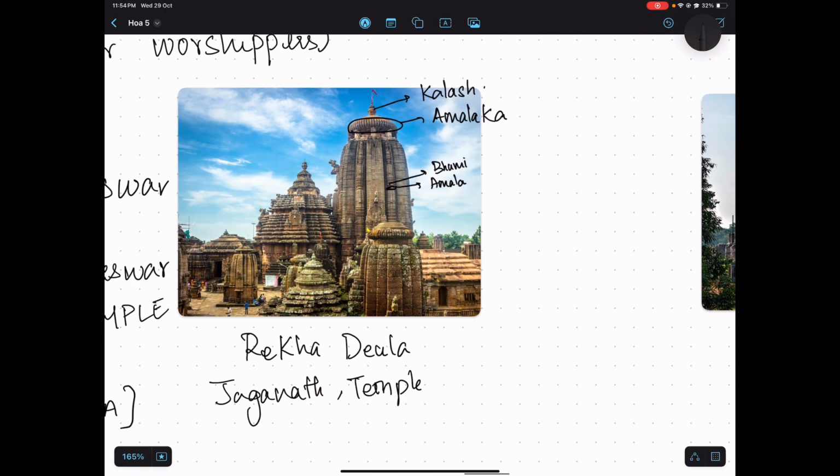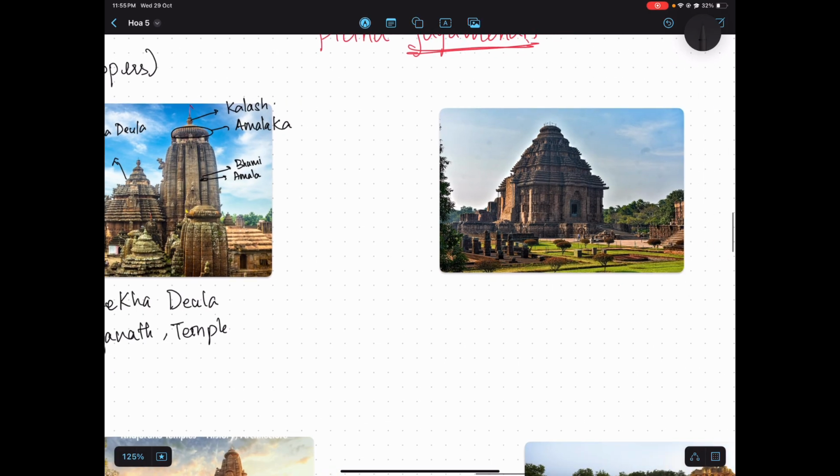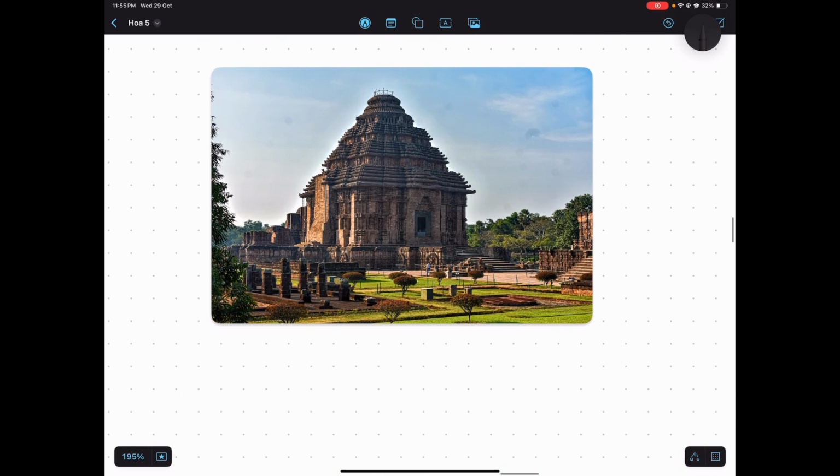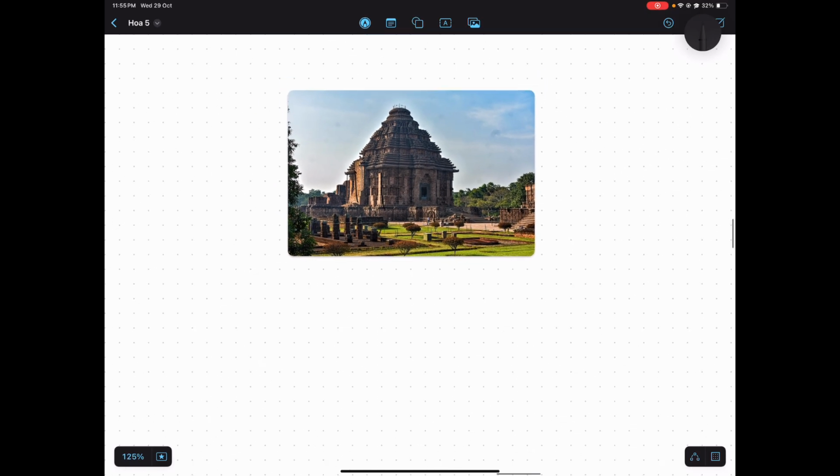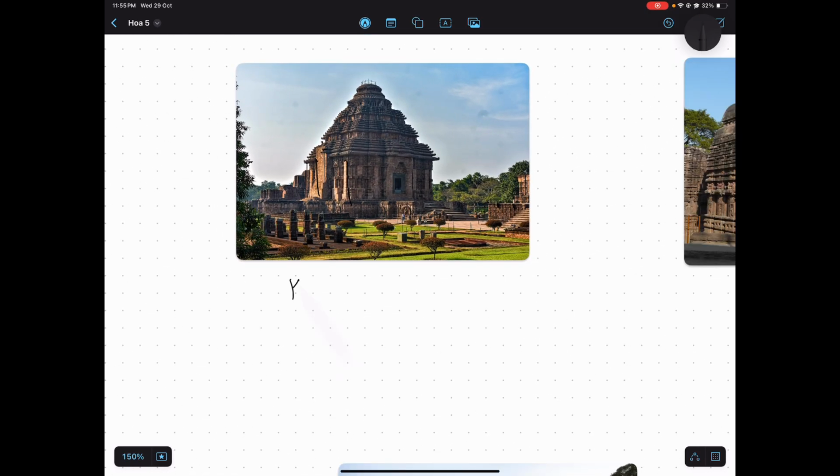This is a Pida Deula example. Now this is a classic example of Pida Deula. You can see it here: square base with pyramidal roof, pyramidal shikhara. So this is an example of the Sun temple at Konark, near Puri.